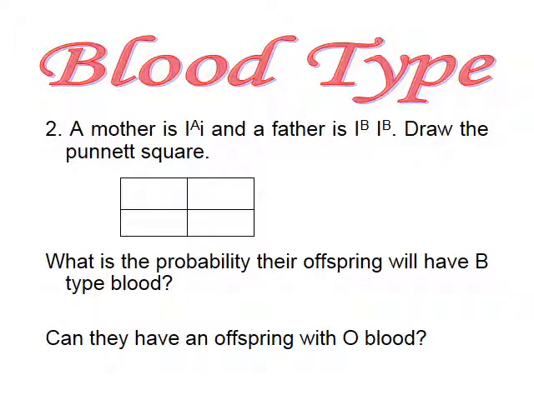Another one, a mother is type I^A, little i, type O child, and a father is homozygous for B blood. Draw the Punnett square. So we have I^A, little i, I^B, I^B. Fill it in.